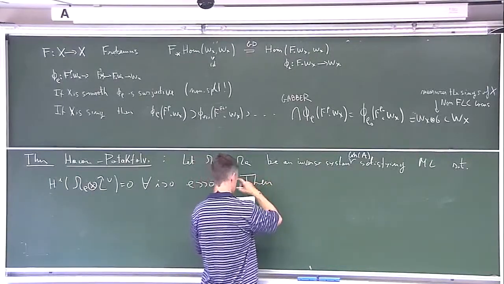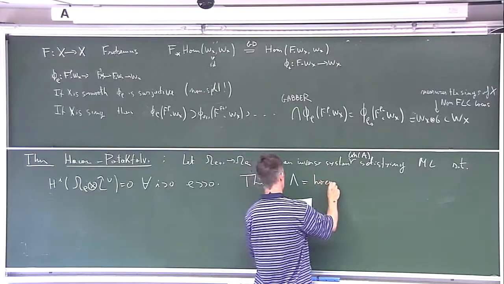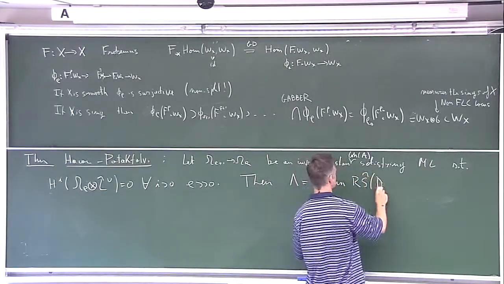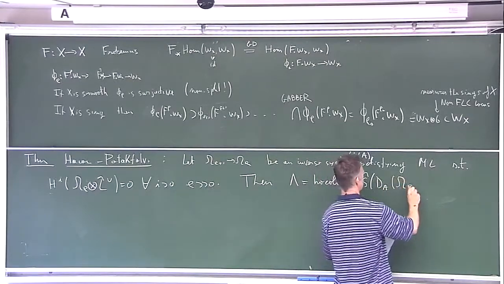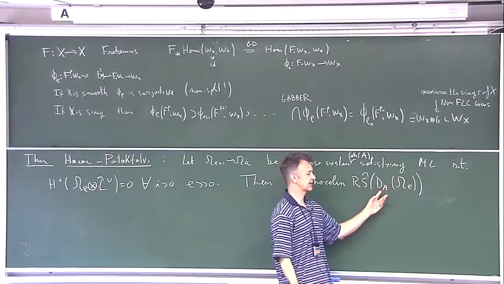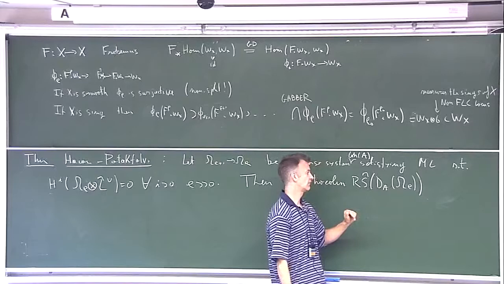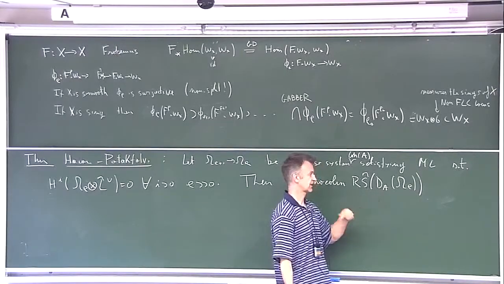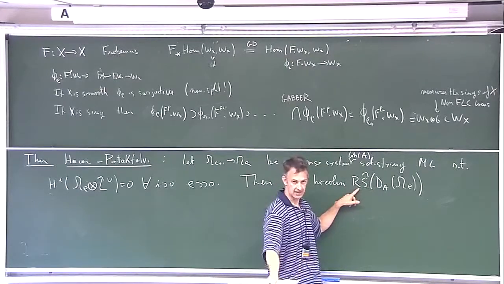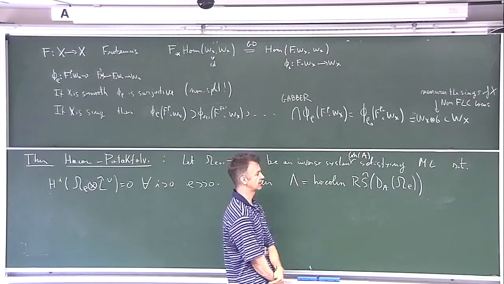Then, if I consider Λ to be the co-limit of RŜ dual of Ω_e, let me say a couple of words here. This is a coherent sheaf. Once I take the derived dual, it's no longer necessarily a sheaf, it's just an element of the bounded derived category with coherent homologies. When I take the Fourier-Mukai transform, again, it's an element of the bounded derived category with coherent homologies on the dual abelian variety.